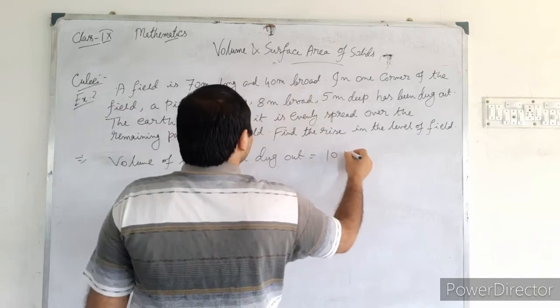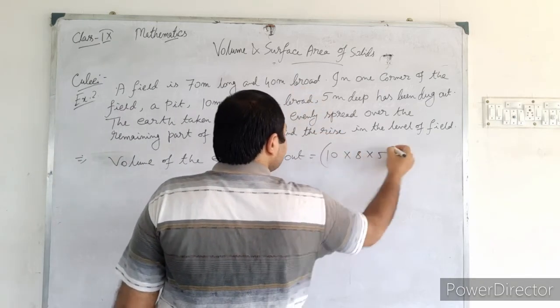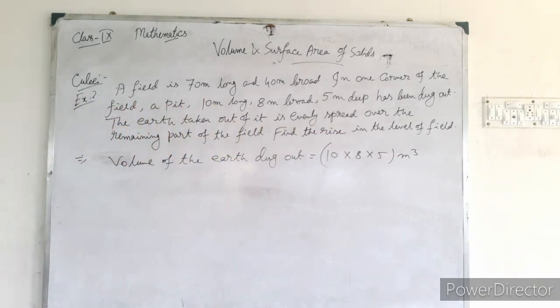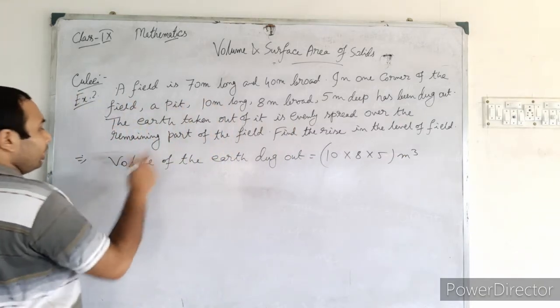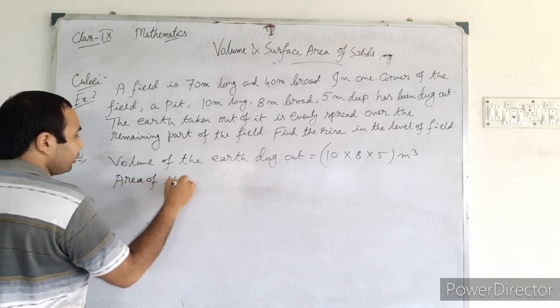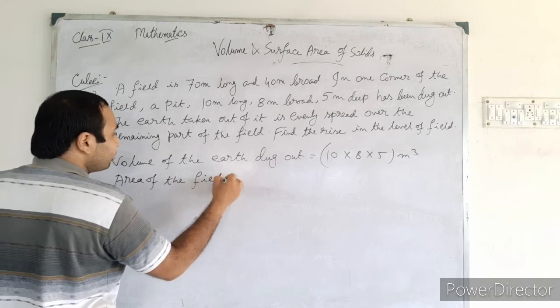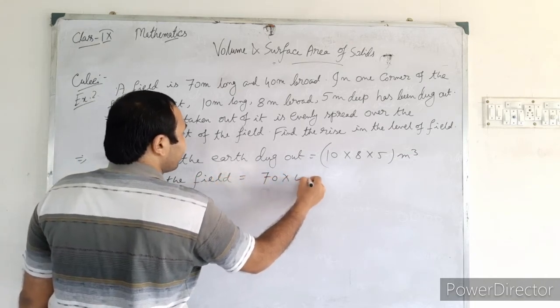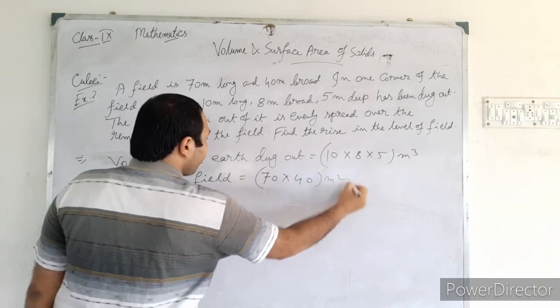So 10 into 8 into 5, this is meter cube. And now the area of the field. You know it is a rectangular area, so obviously length into breadth, so 70 into 40, it is meter square.